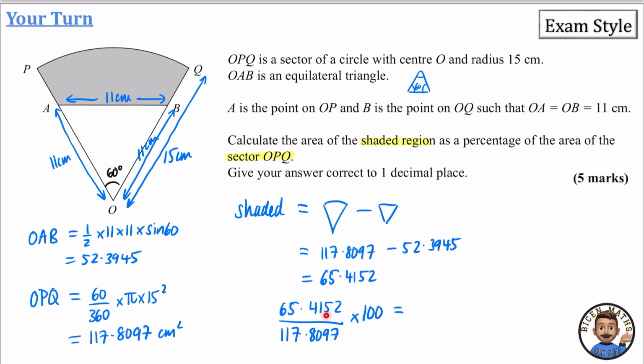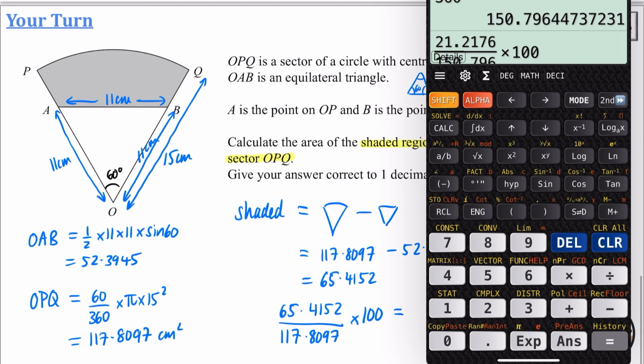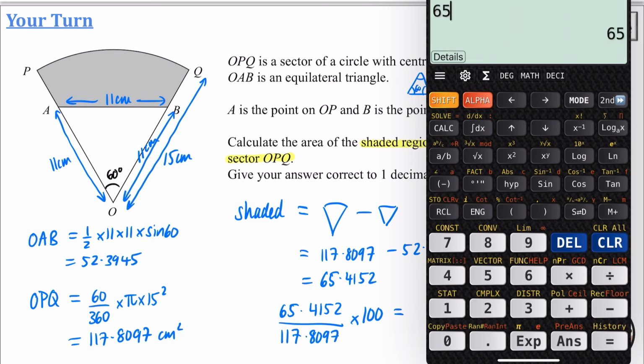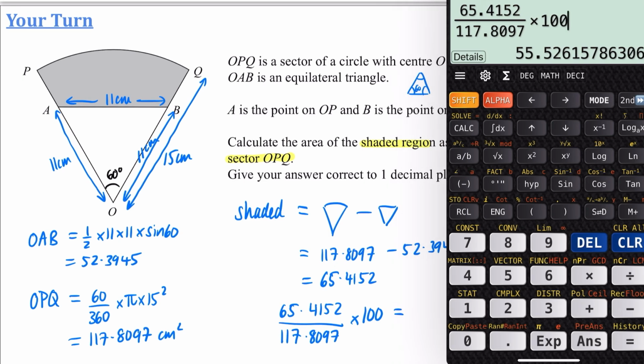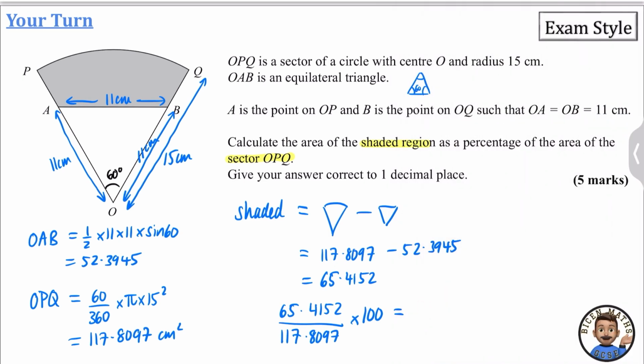Now, obviously, you might not need this many decimals, and you could do this as one single calculation if you wanted to. So I'm going to do 65.4152 over 117.8097, multiply it by 100, and we get that the answer is 55.5% to one decimal place.